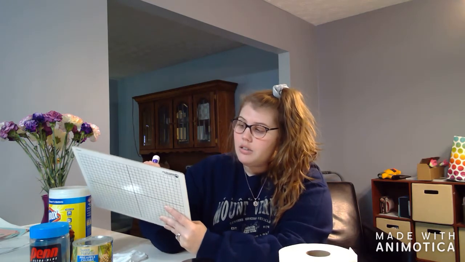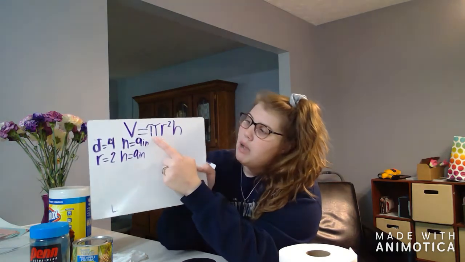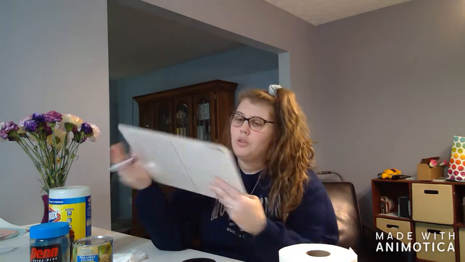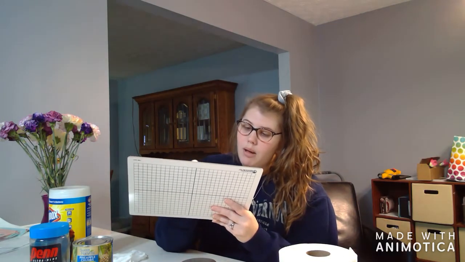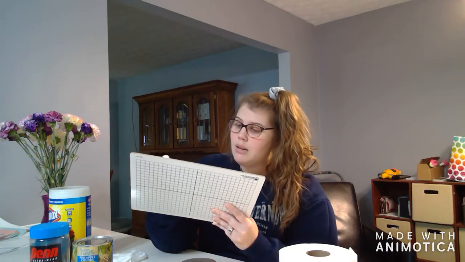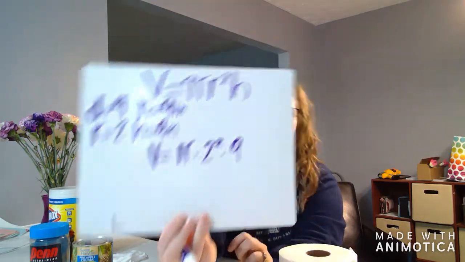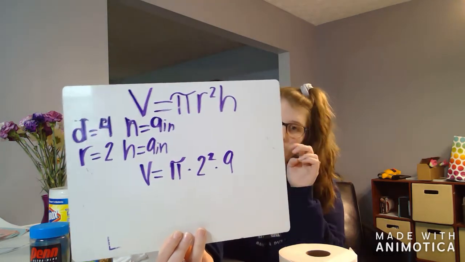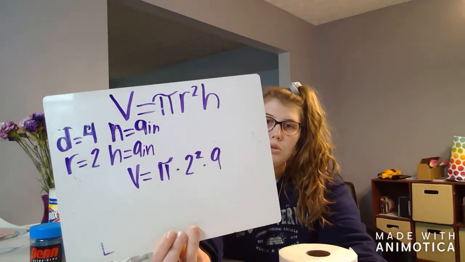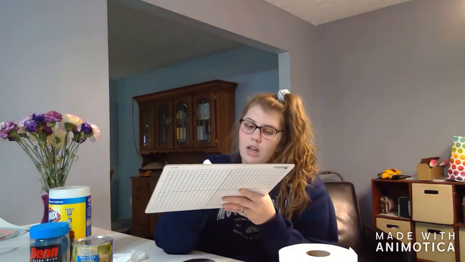Our height is still 9. We didn't mess with that. So all we're going to do is plug in pi times radius squared times height. So we have pi times radius squared, so 2 squared, times our height. We're going to go ahead and just start simplifying. Exponents first. 2 squared is just 2 times 2, so that is 4.